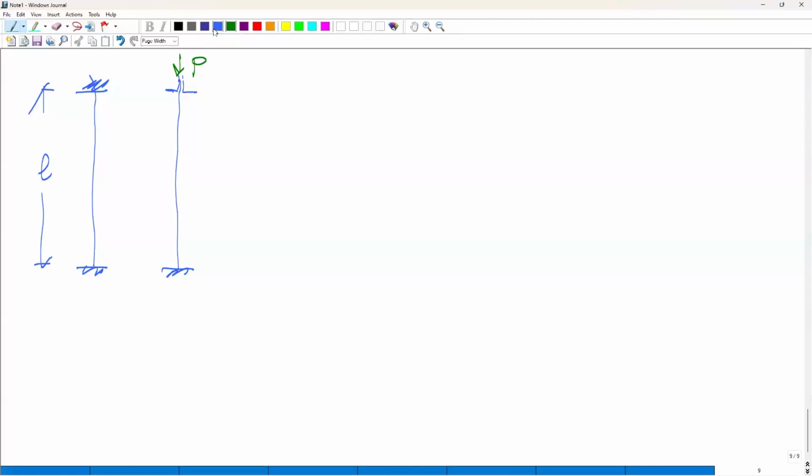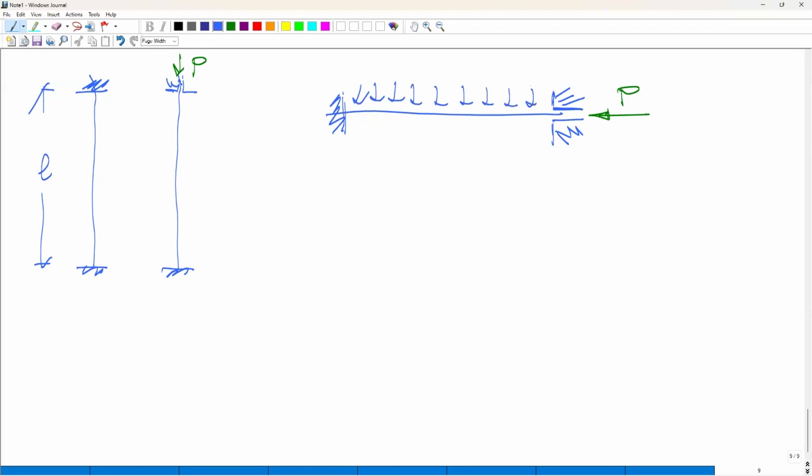Otherwise, there is nothing there. So actually, I draw it back in this way. And let's say there is an axial force P here. If you don't put anything here, this beam will not make sense. Let's put some load here, okay?